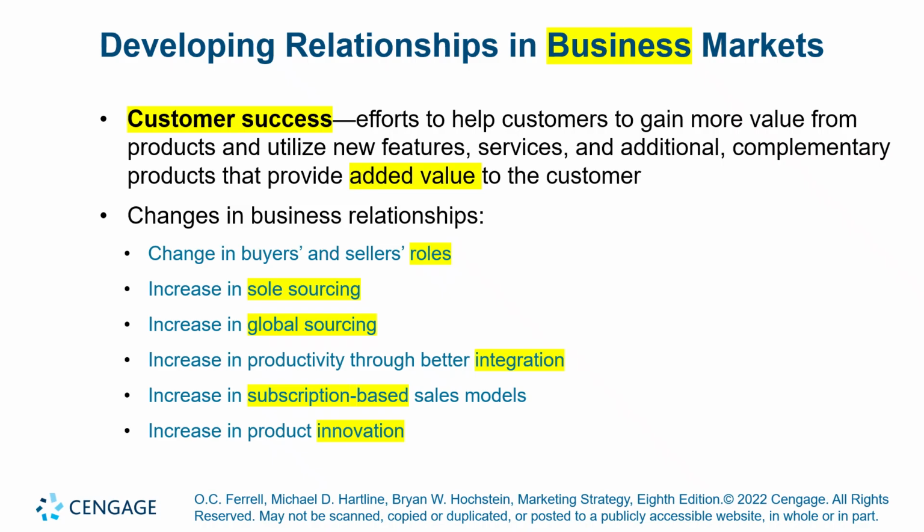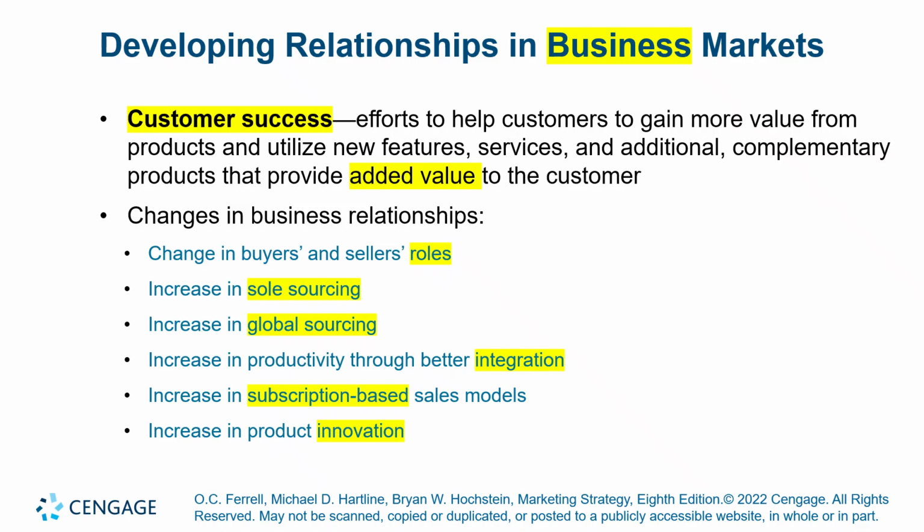Okay? And there are many changes in business relationships. There are changes in buyers' and sellers' roles. We can see an increase in sole sourcing, sourcing from just one supplier. There's also an increase in global sourcing, where you source your supplies from all over the place.